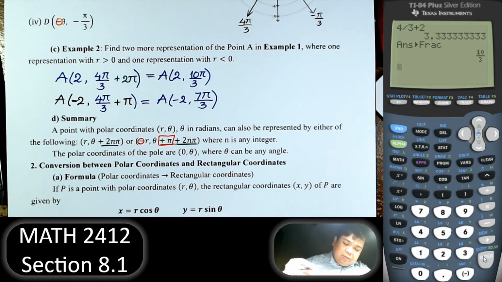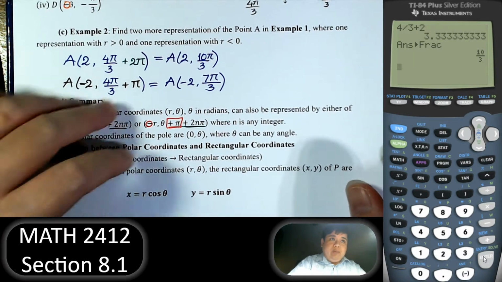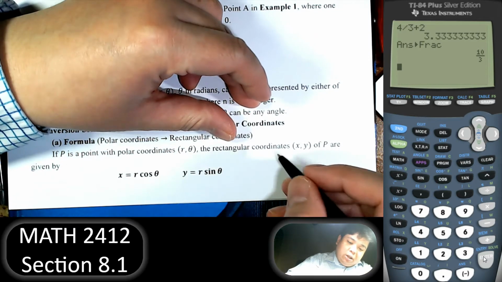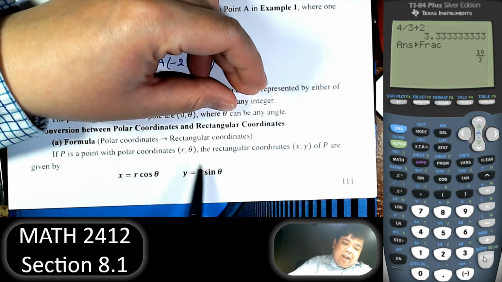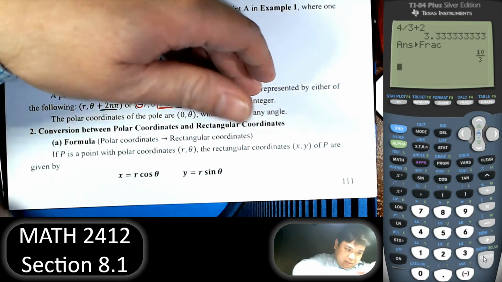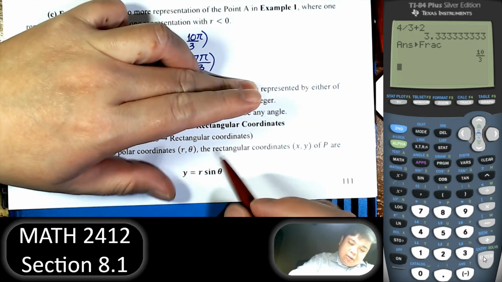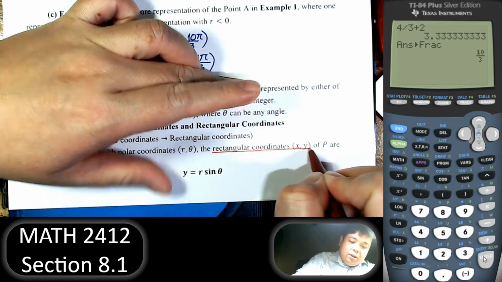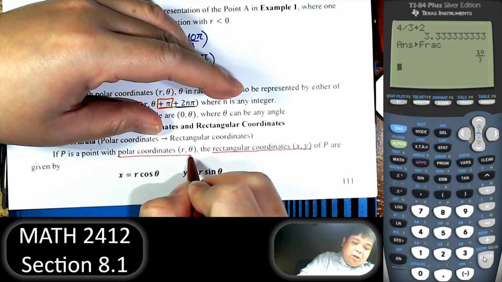Now, how do we change between polar coordinates and rectangular coordinates? Rectangular coordinates, we have x, y. And polar coordinates, we have r and theta.